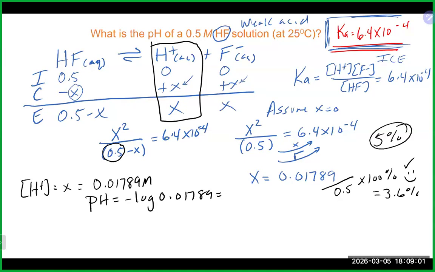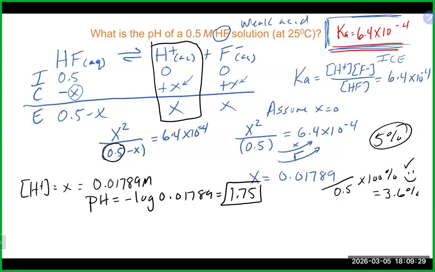So minus the log of 0.01789 is going to get us a 1.75 on the rounded number in terms of our pH. And that is acidic, so that's good. If I ended up with a basic pH here, probably not so good in this case. Any questions on that?